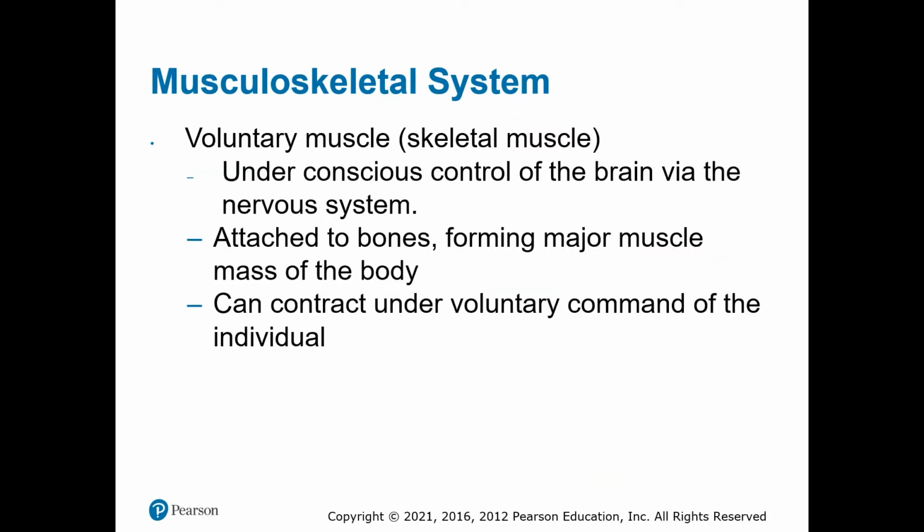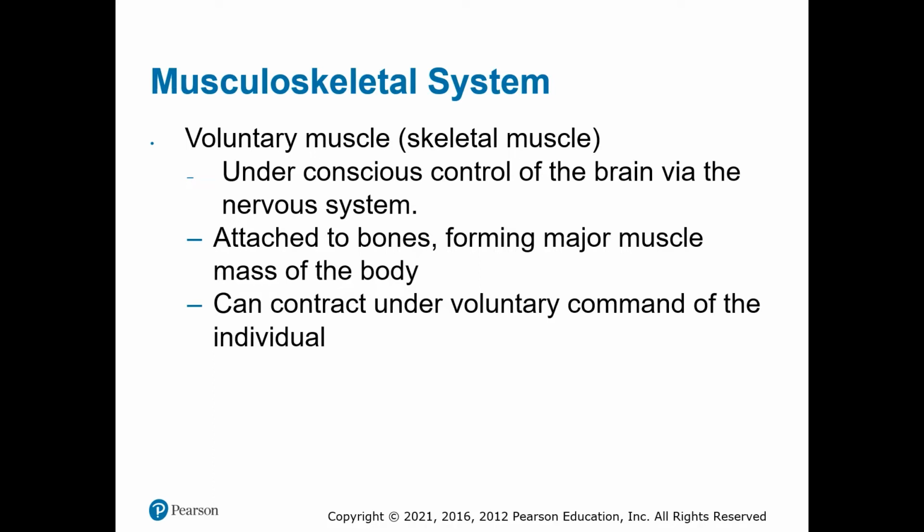So again, your voluntary muscle or skeletal muscle is under conscious control of the brain via the nervous system. That nervous system comes down from the brain, and it has all of these nerve endings that fire from one nerve ending to the other that says, hey, I want to move my finger, and it does it very rapidly, very quickly, and sometimes without conscious control.